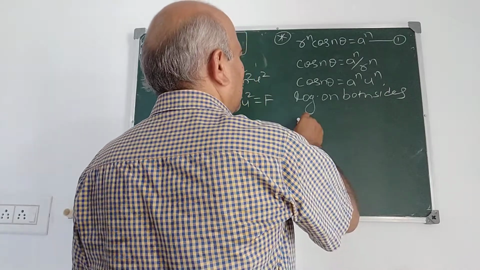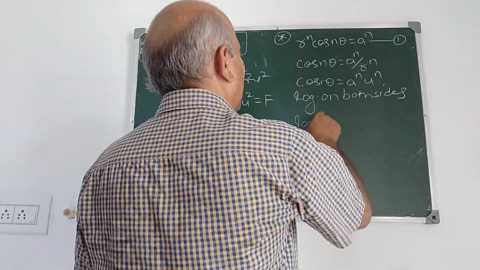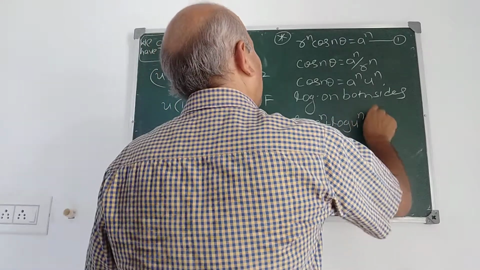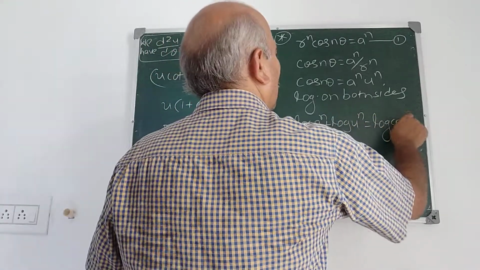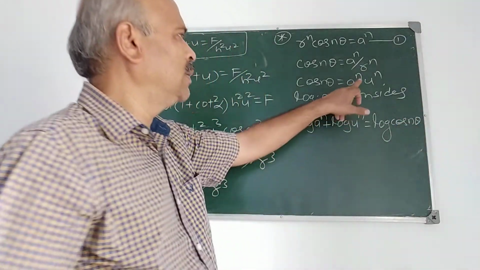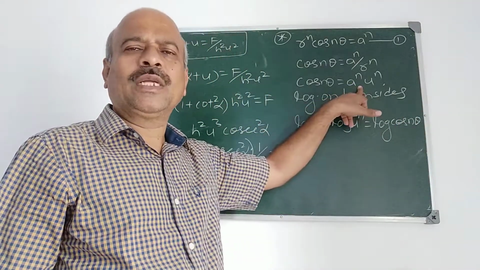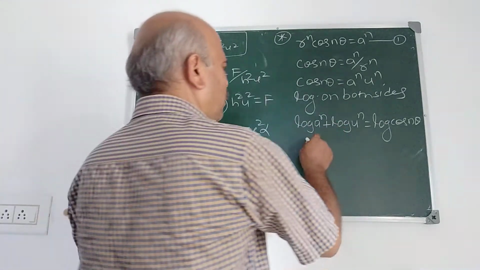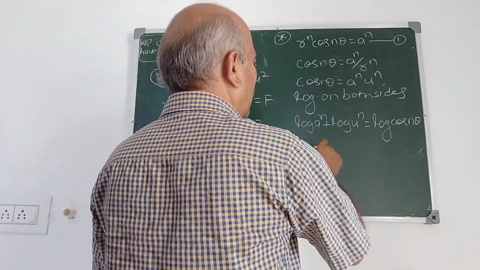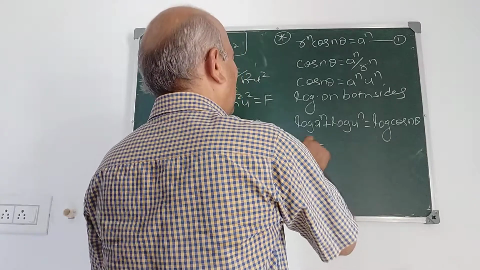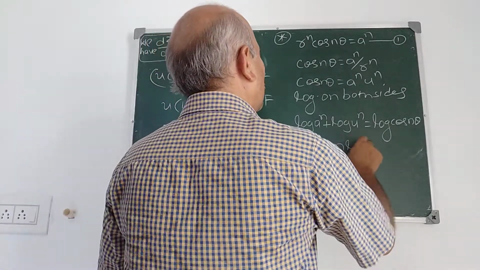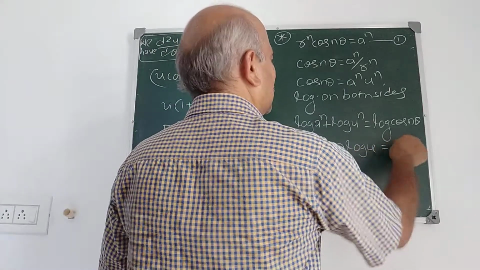We get log a raised to n plus log u raised to n is the log cos n theta. So I have used the property of logarithms here. Log of m into n is log m plus log n. Further, it is n log a plus n log u is equal to this.